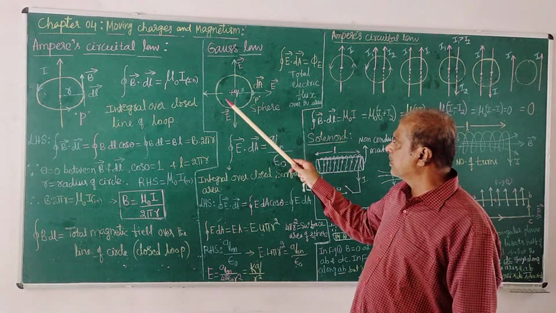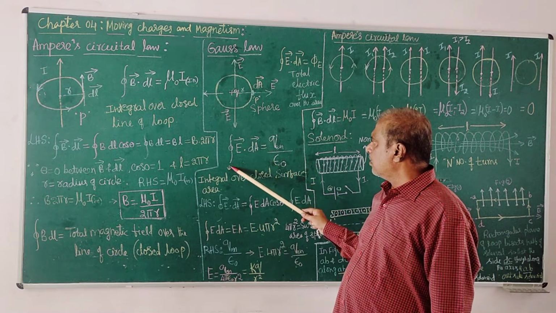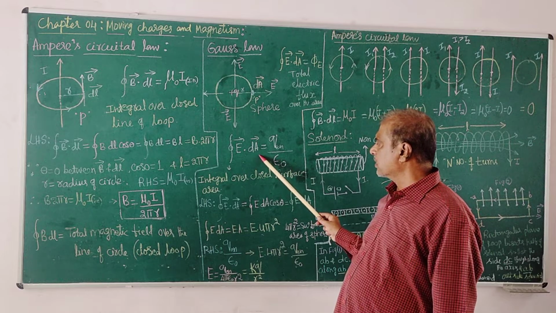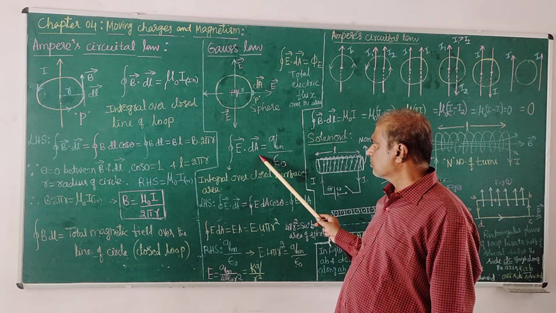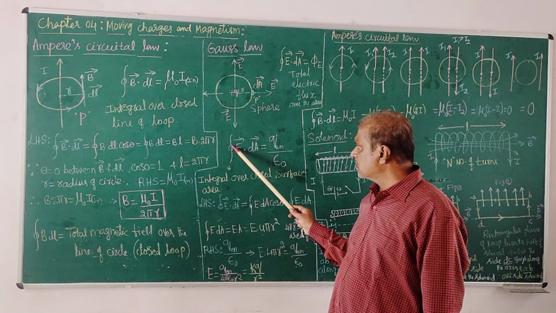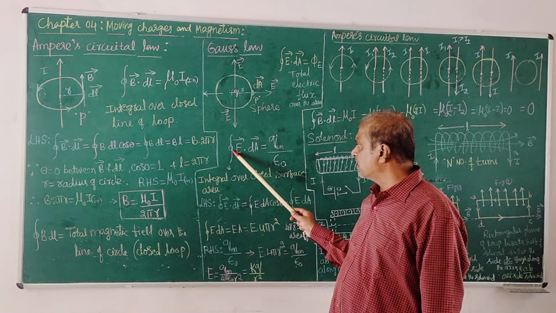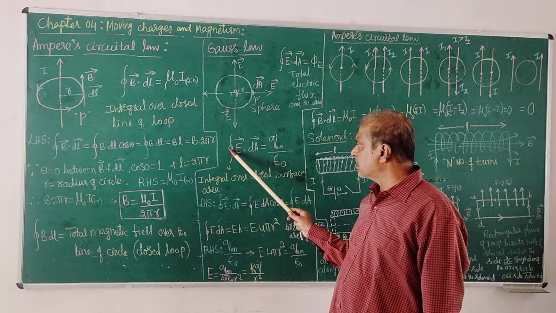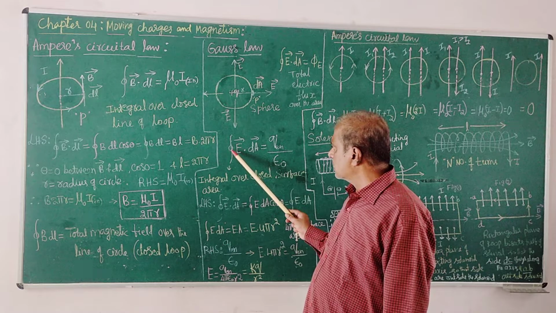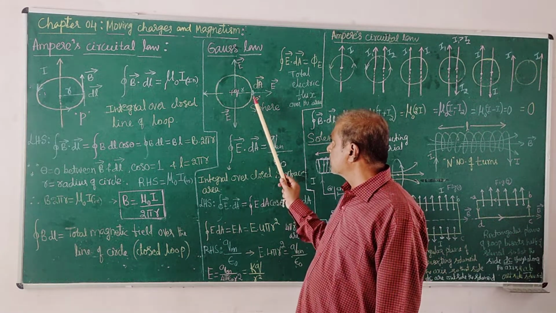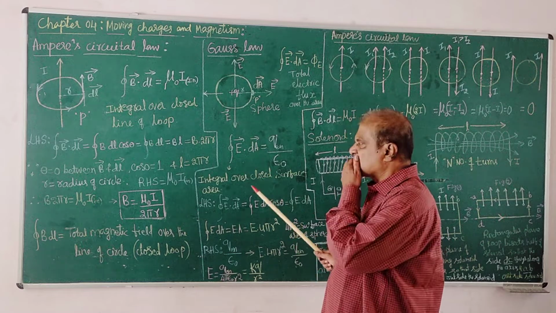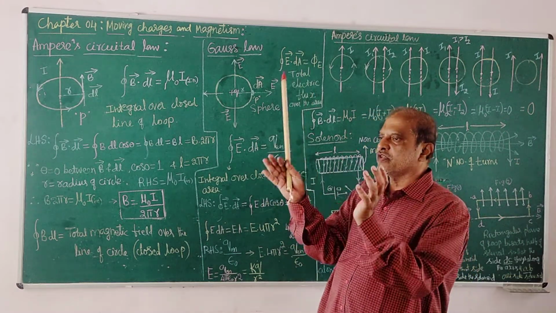What is that? The same type: the integral of this vector product. And the integral sign is similar to the symbol here. What does the symbol represent? This circular symbol represents not a circular line, but a closed surface.